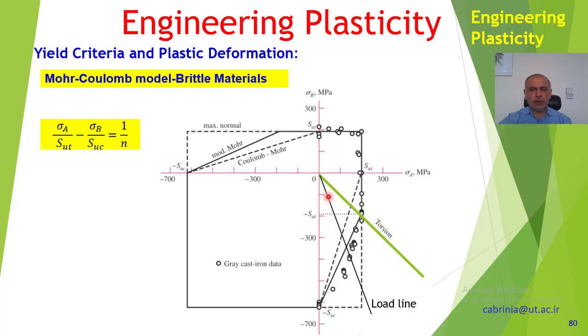So if, for instance, I have a load point here, then the factor of safety is that line over that line. And for the modified Mohr, of course, the factor of safety is that distance divided by that distance, which gives a higher factor of safety. This gives a lower factor of safety, as I mentioned before.